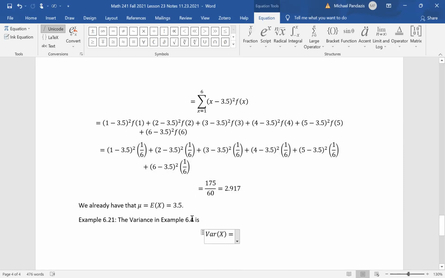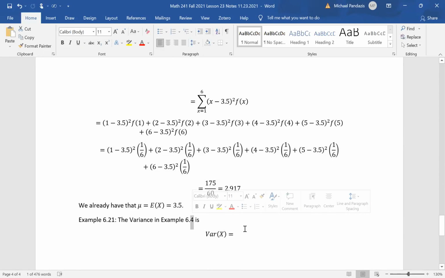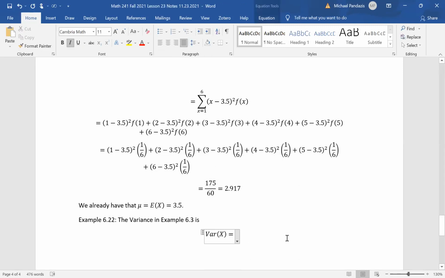Let's do example 6.22, which is the variance in example 6.3. So this is the variance of X.